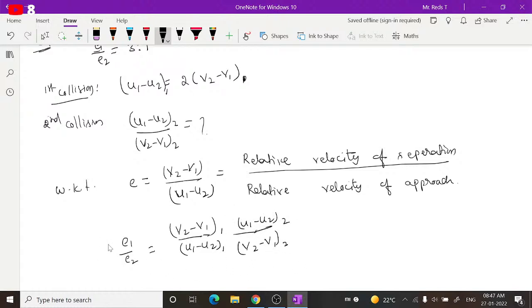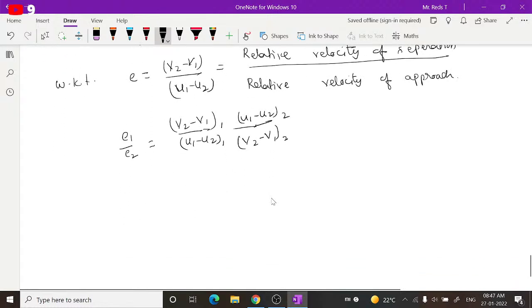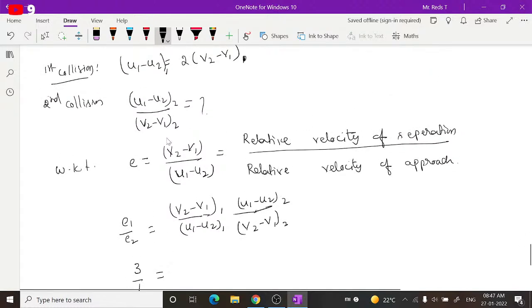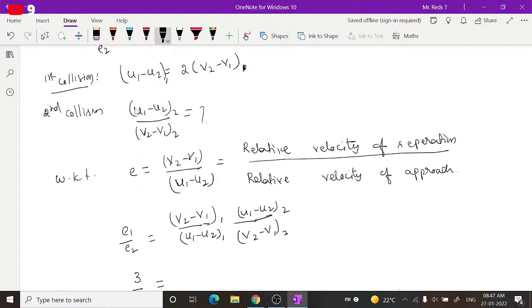So here this ratio is given as 3 is to 1. This is given and this relation is given here. So this further you can express it in the next step. See here, E1 by E2 is 3 is to 1, means 3 by 1. It is equal to, for first collision, U1 minus U2 is equal to 2 times V2 minus V1.